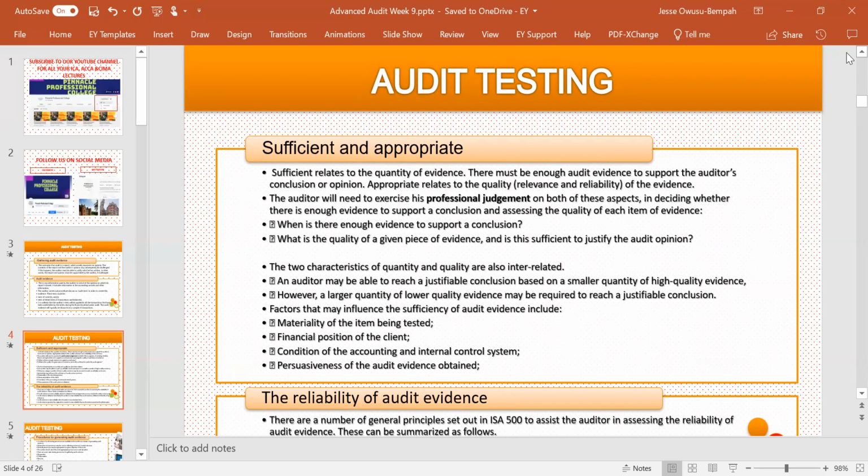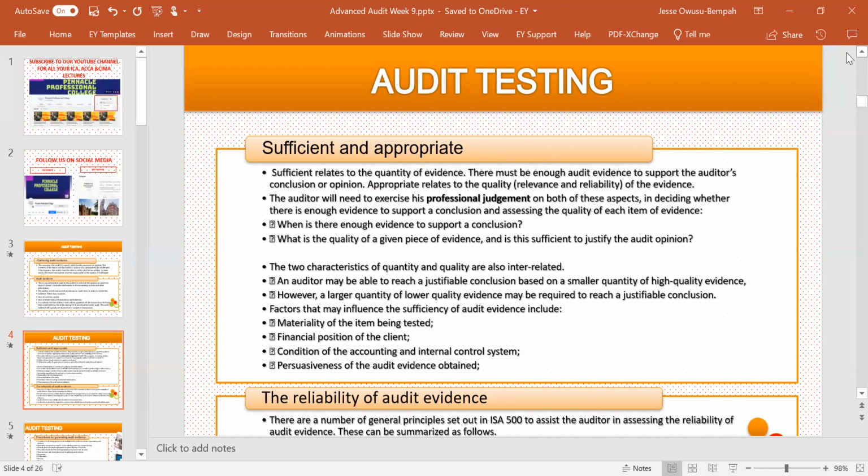The auditor uses professional judgment to decide whether this audit evidence is both sufficient and appropriate. Is it enough, and is it of good quality to qualify as audit evidence? The auditor will determine when there is enough evidence to support a conclusion and what is the quality of a given piece of evidence.